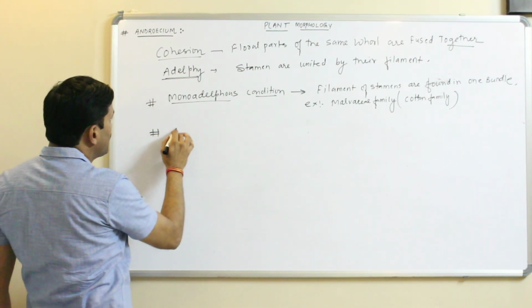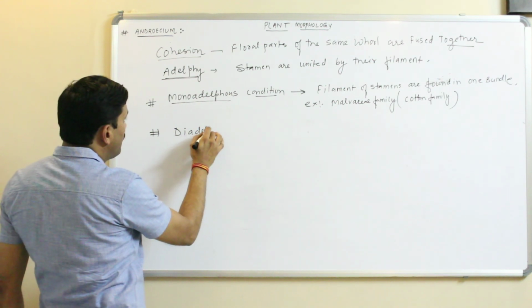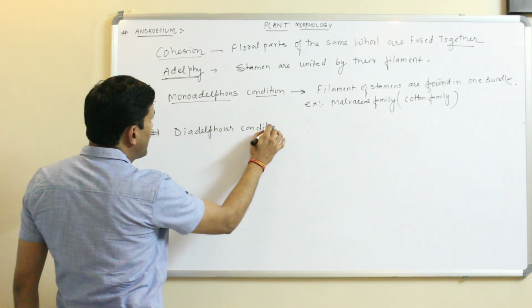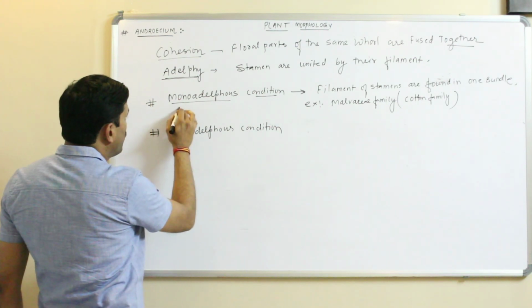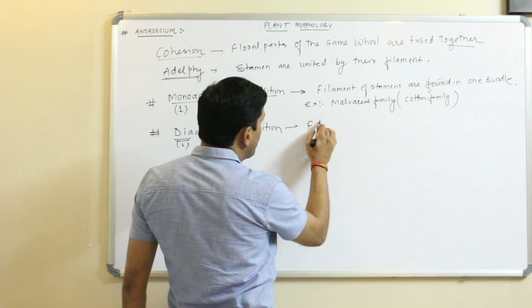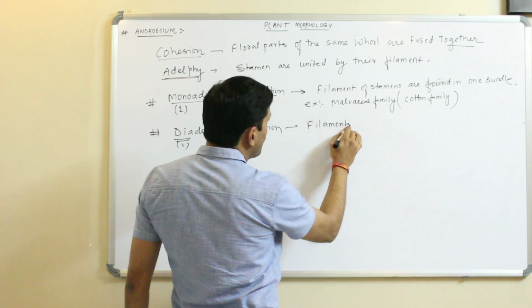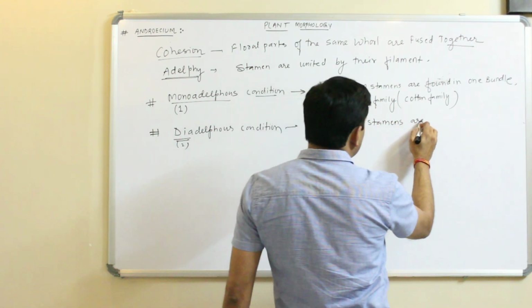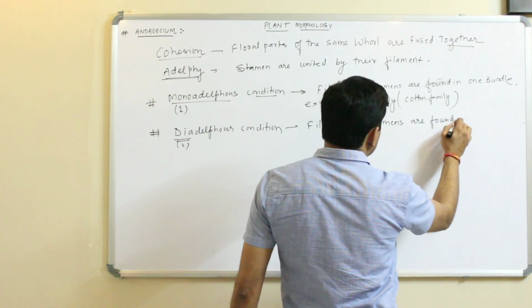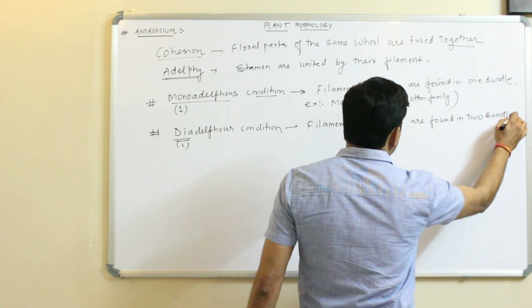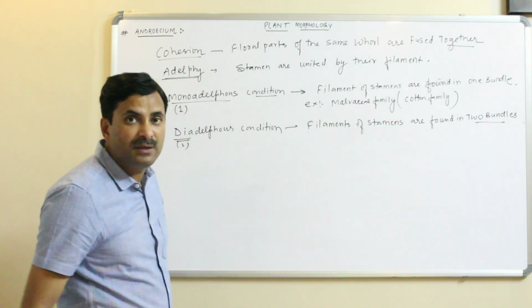Now coming to the next one, the diadelphous condition. As the name indicates, mono means one, di means two, so filaments of stamens are found in two bundles.